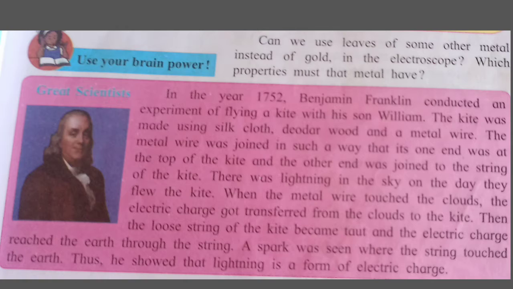Then the loose string of the kite became tight and the electric current reached the earth through the string. When they were flying the kite, the string was loose, but after some time when the kite flew up, they found that the kite became tight and the electric charge reached the earth through the string. The spark was seen where the string touched the earth.